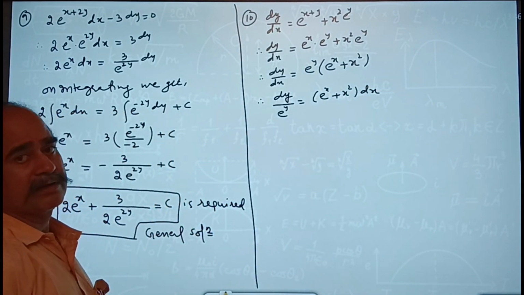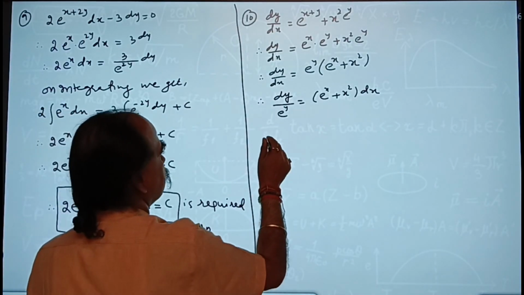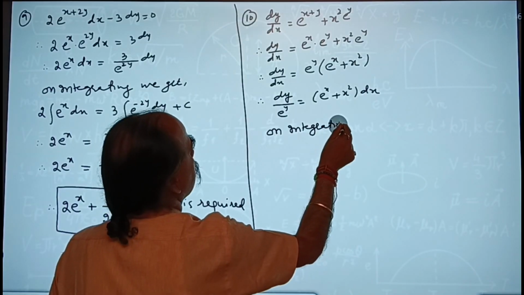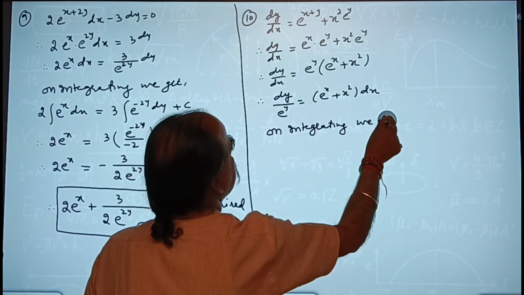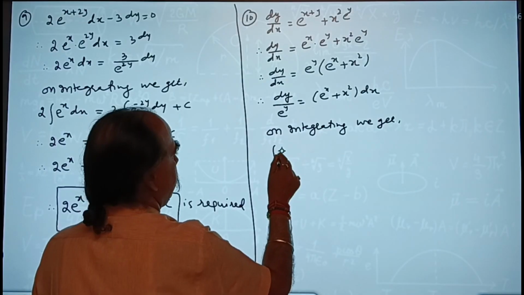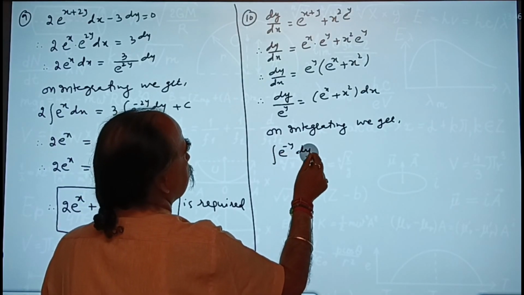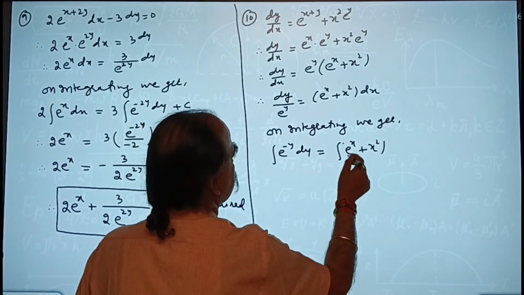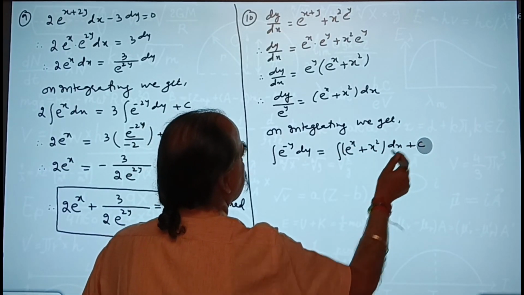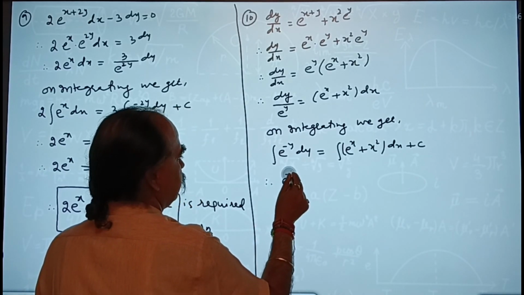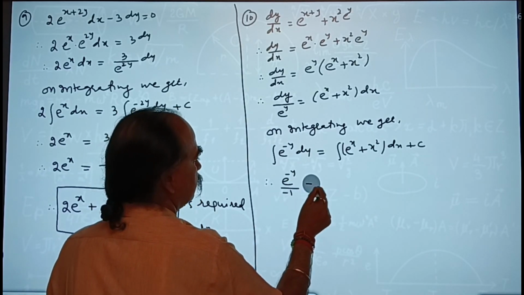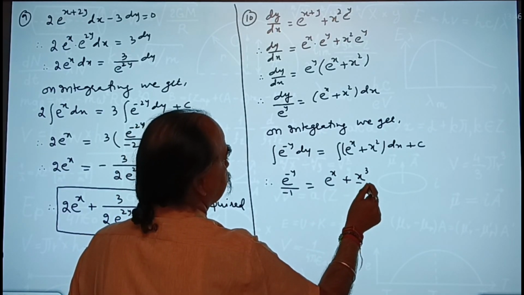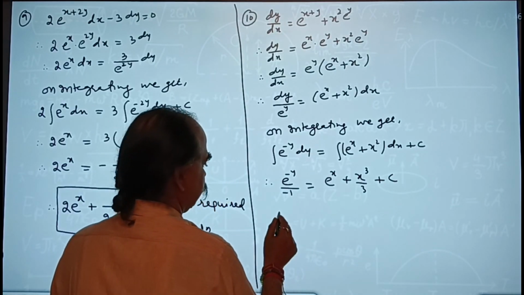So we have separated variable. Now integrate. On integrating we get integral e raised to minus y dy, that is e raised to minus y upon minus 1, equals e raised to x plus x cube by 3 plus c.